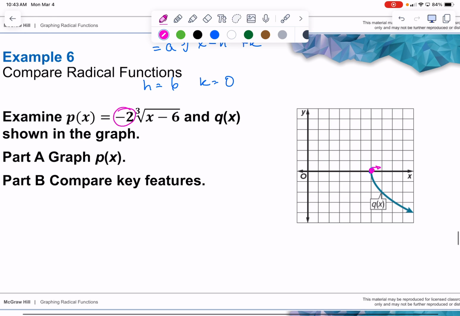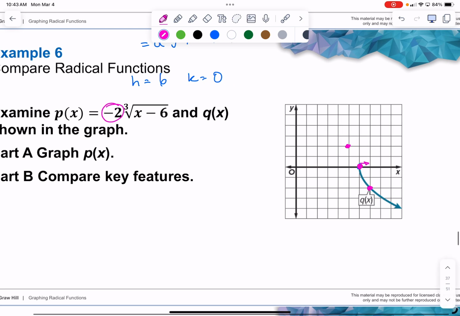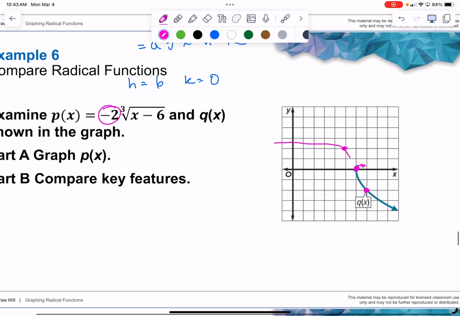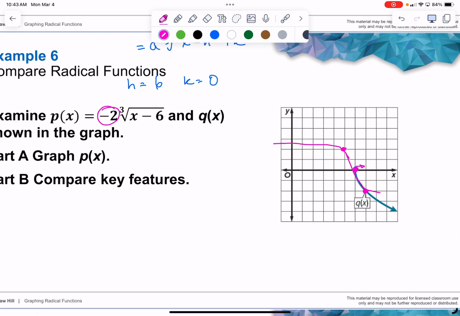Because of this negative 2. So this point is the same, but this one, I'm going to go to the left and then up by 2. So this function is going to kind of look like this, right?